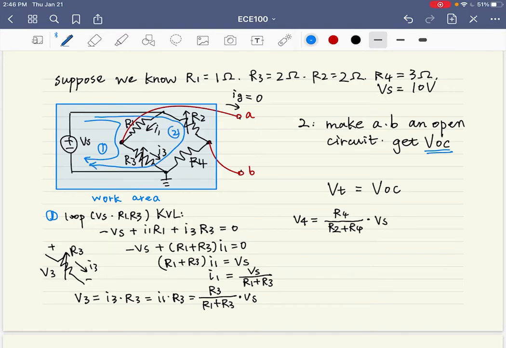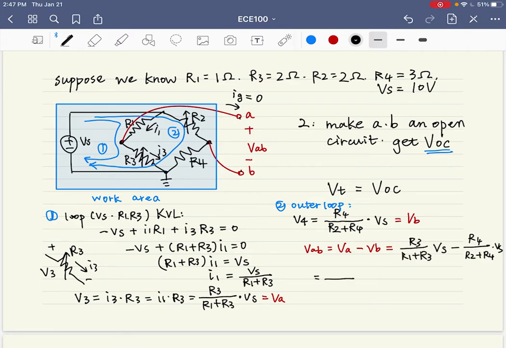And the voltage across R3, let's name it V3, okay? V3 equals I3 times R3, equals I1 times R3, equals R3 divided by R1 plus R3 times Vs. Great. And then similarly we can get V4 equals R4 over R2 plus R4 times Vs, following the outer loop, right?